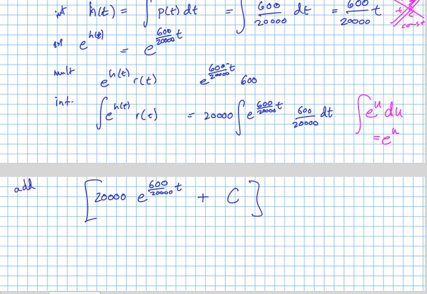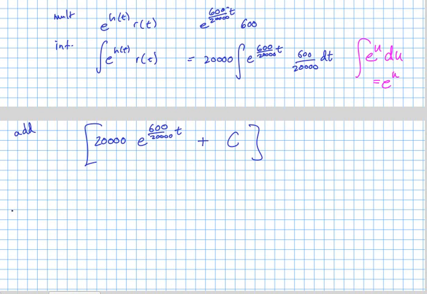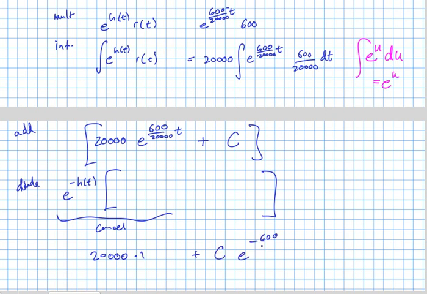And then the next step is to multiply by e to the minus h of t times this expression, and this part's going to cancel. We're just going to get the 20,000 times 1, and this part's going to be c e to the minus 600 over 20,000 t.